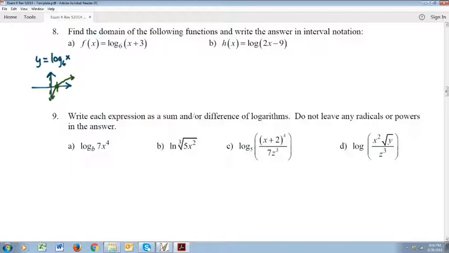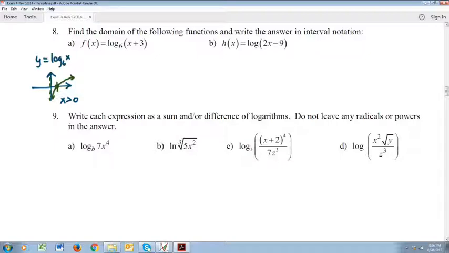It's going to have that shape there and an asymptote at x equals 0. That's our basic logarithmic function. But the key here is, for that function, notice that x has to be greater than 0. We've talked about this. You can't take the log of 0 and you can't take the log of a negative. Whatever you're taking the log of has to be positive.